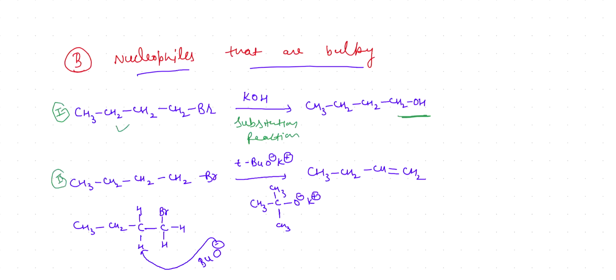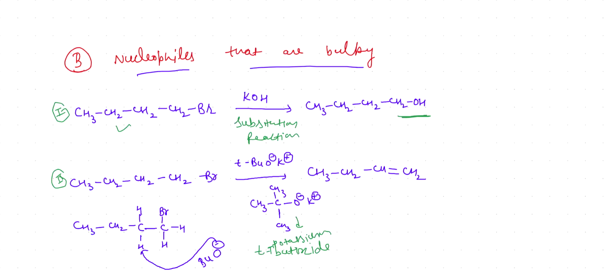But in the second case, the substrate in both cases is the same, that is butyl bromide. In the second case, we have chosen the nucleophile tert-butoxide. You can say potassium tert-butoxide also. Tert represents tertiary.